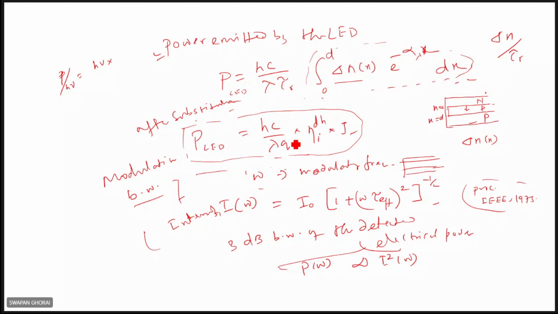So the power emitted by the LED is given by Planck's constant times velocity of light divided by the wavelength of light, divided by the charge, times internal quantum efficiency times current density J. This is the most important relation, the power emitted by the LED. It depends upon internal quantum efficiency and the applied current.